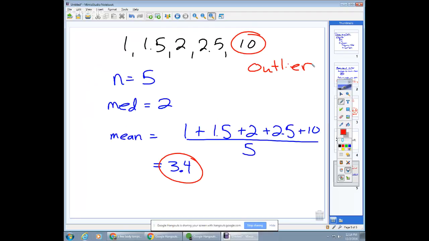And so when there are numbers that are unusually high or unusually small compared to the others, that will drag the mean away from the median. So here I had a number that was unusually large, and notice it made the mean go to the right of the median. Okay, so it drug it away.